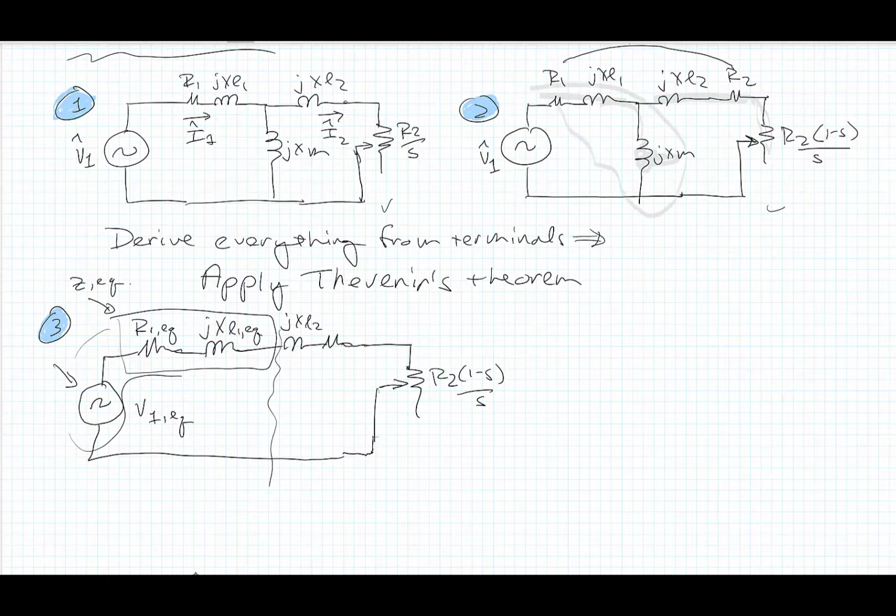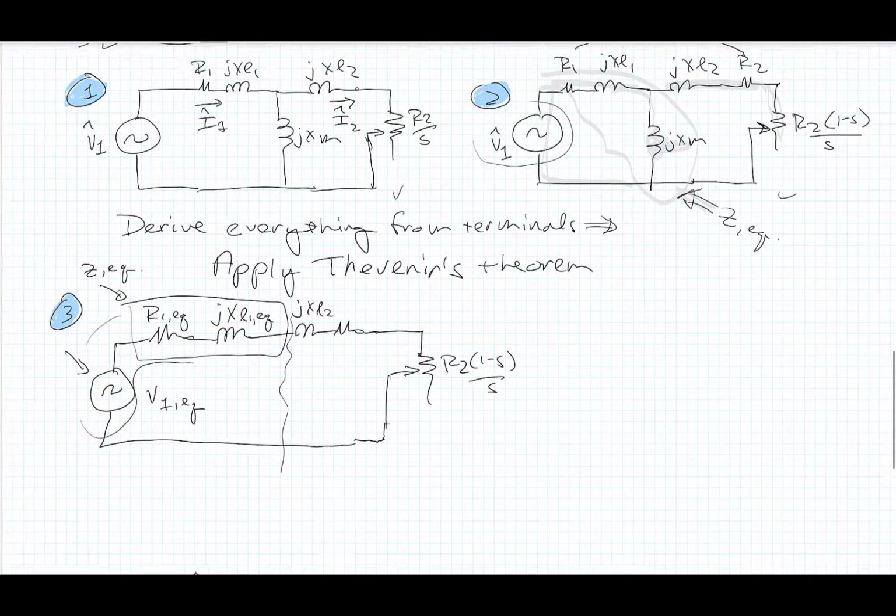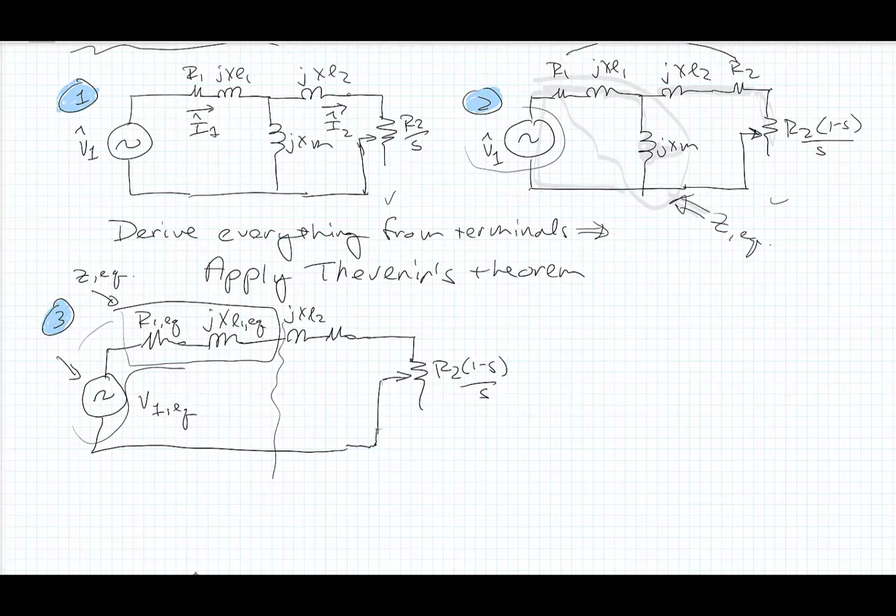These impedances right here, I'm going to short this voltage out and find the Z1 equivalent, and then we're going to apply voltage division, putting this back in, and find a V1 equivalent.